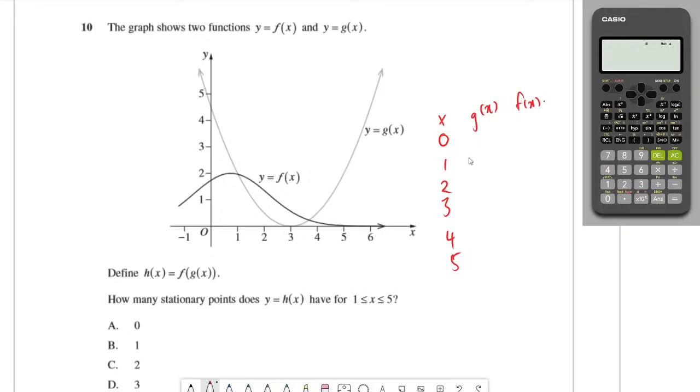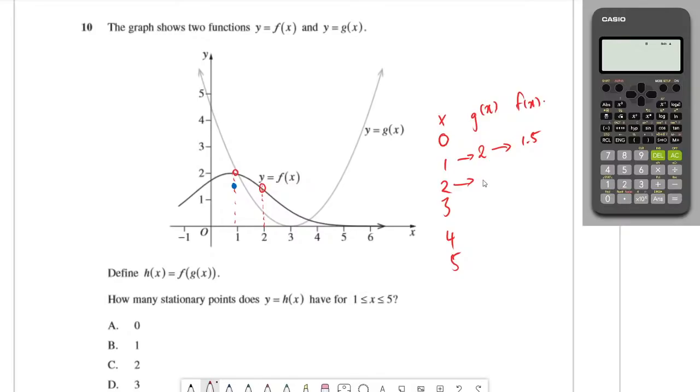If I put 1 into g of x, I get about 2 back out, and then I put 2 into f of x, and I get 1.5. So the value I get at 1 is 1.5. I might use a different color for that one, so I might use blue. So that's my first point there.